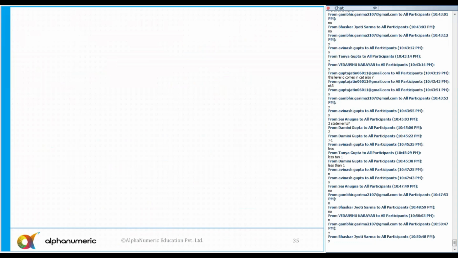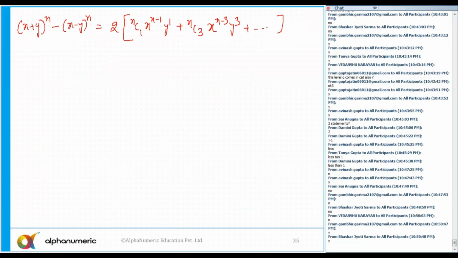Now, I can also say that (x plus y) raised to power n minus (x minus y) raised to power n will always be equal to twice of nC1 into x raised to power n minus 1 and y raised to power 1, plus nC3 into x raised to power n minus 3 into y raised to power 3, and so on.